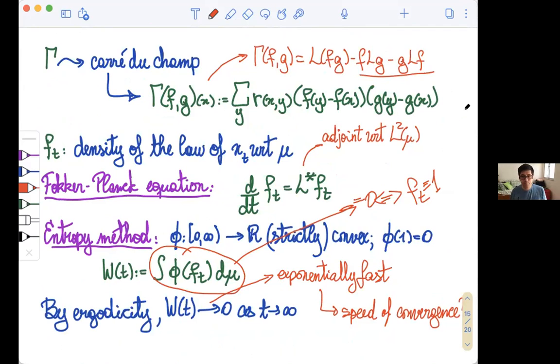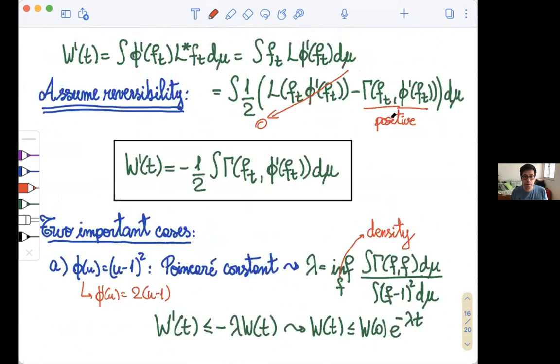You can replace that into this formula. These two terms are equal, so they are equal to one half of the sum, and you can replace that by this. You get L of the product, but the measure mu is invariant, so the integral of L of whatever you want is 0. That term vanishes and you only get the carré du champ. So you get this identity here.